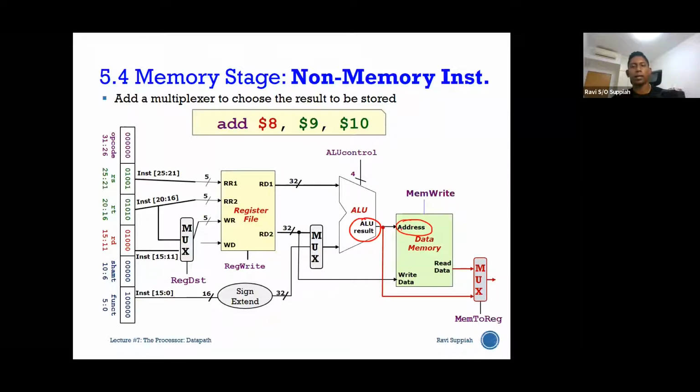All right, but in a situation like this where your instruction is an R type instruction, the ALU result is actually the answer already, because 9 add with 10 is already the answer which I want to write back.